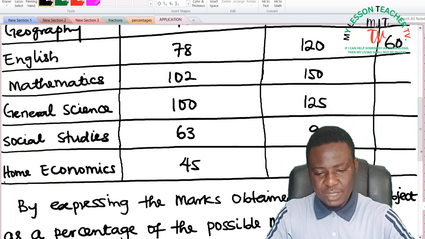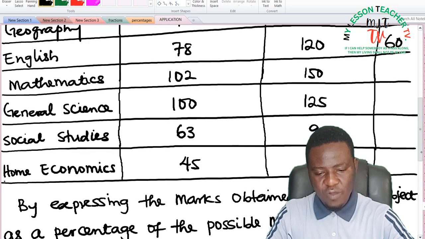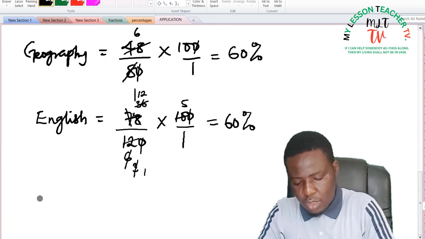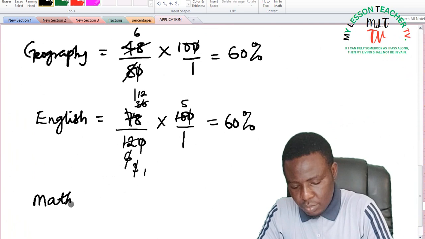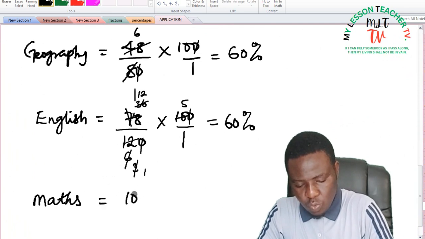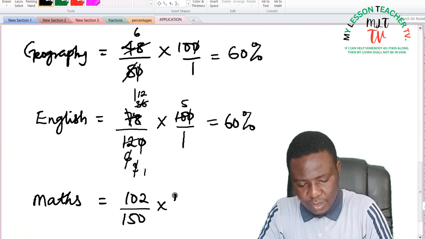While for mathematics, we have 102 out of 150 times 100 over 1.